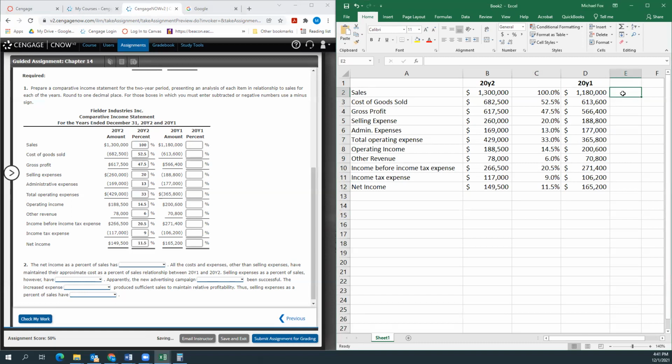I'll say this is going to equal this divided by this. There are little dollar signs to tell Excel to lock in on cell D2 for our denominator. Fill it, have it expressed as a percentage with 1 decimal.